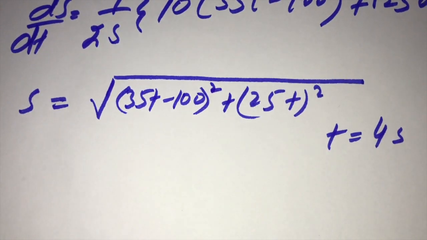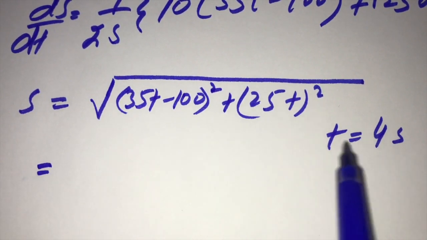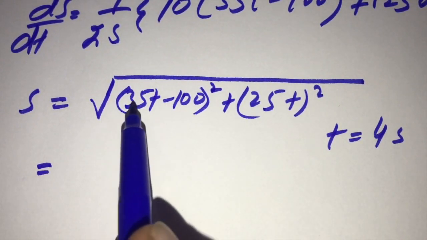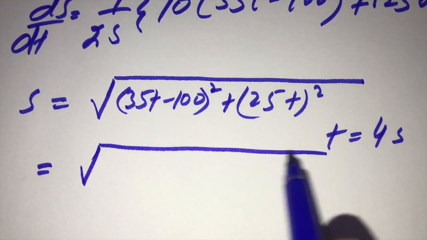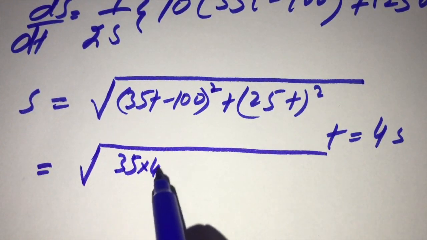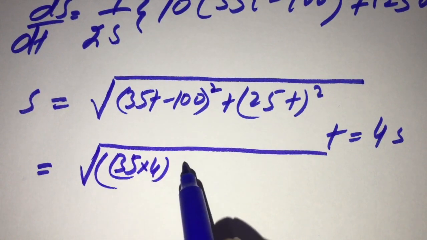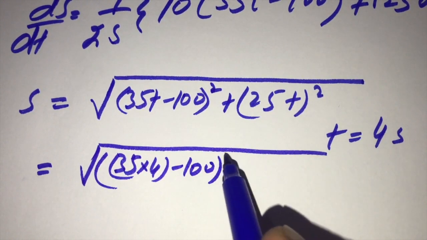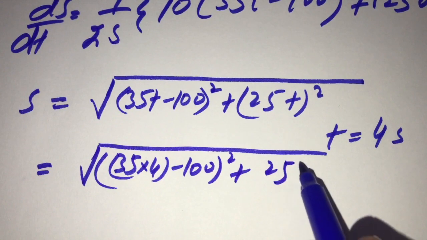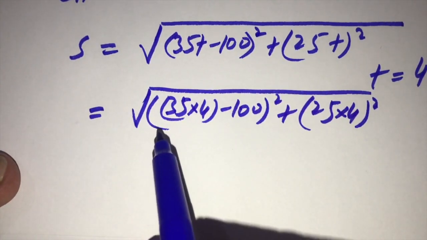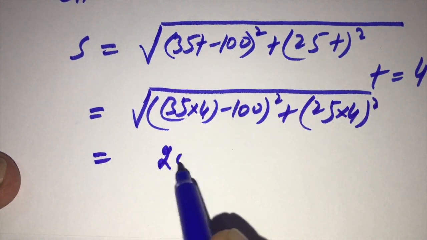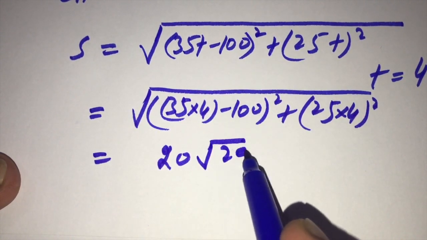Putting t is equal to 4 in this equation, we get the square root of (35 into 4 minus 100) whole square plus (25 into 4) whole square, and when we simplify it, we get 20 into square root of 29.